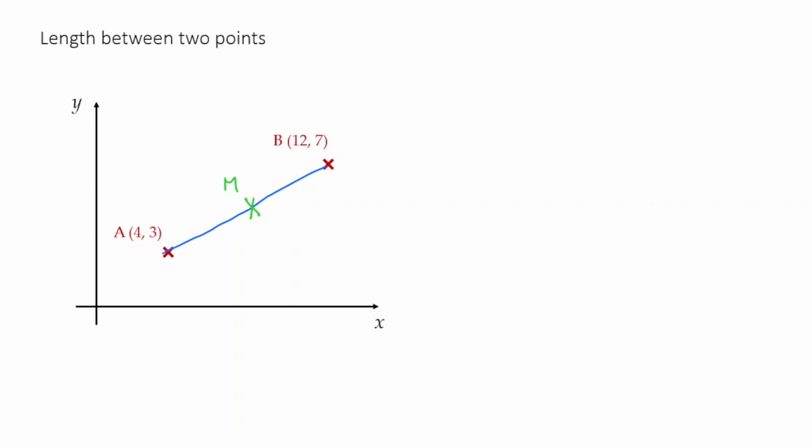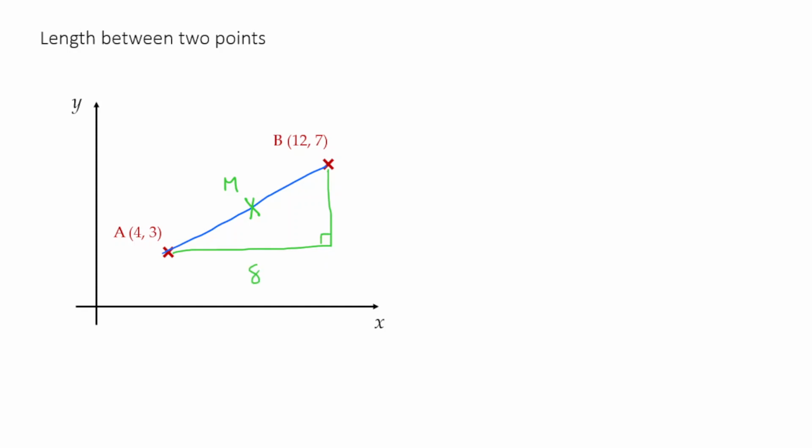Well, let's think back again to the previous video. We can actually make this into a right angle triangle. And we can ask the question, well, what's this distance here at the bottom? Well, that distance has got to equal 12 minus 4. So 12 minus 4 is 8. So that distance there is 8.